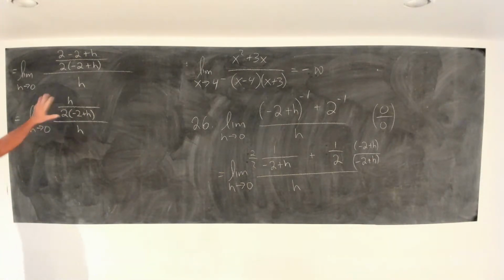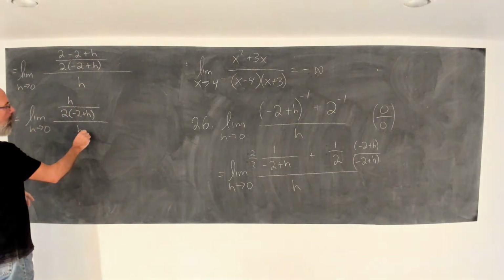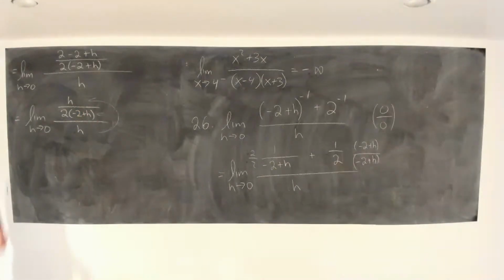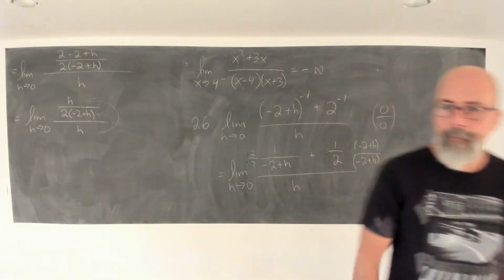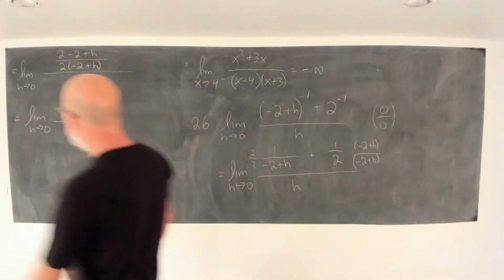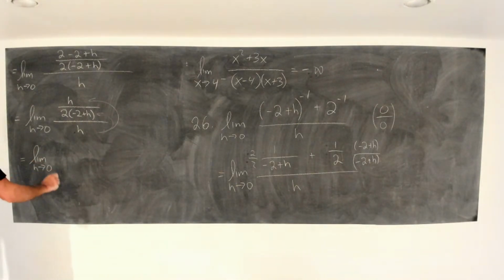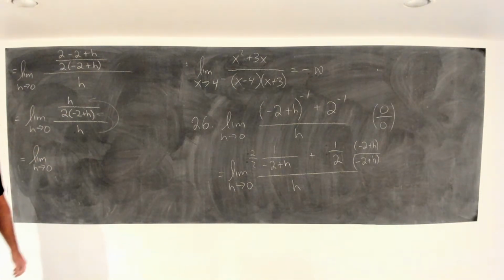Now it was suggested to rewrite this, to bring this down or to bring that up. Let me ask you this, where does the h go? Does the h go in the denominator or does it go in the numerator? You tell me. Where does the h go? There are conflicting answers here. Some people saying numerator, others saying denominator.